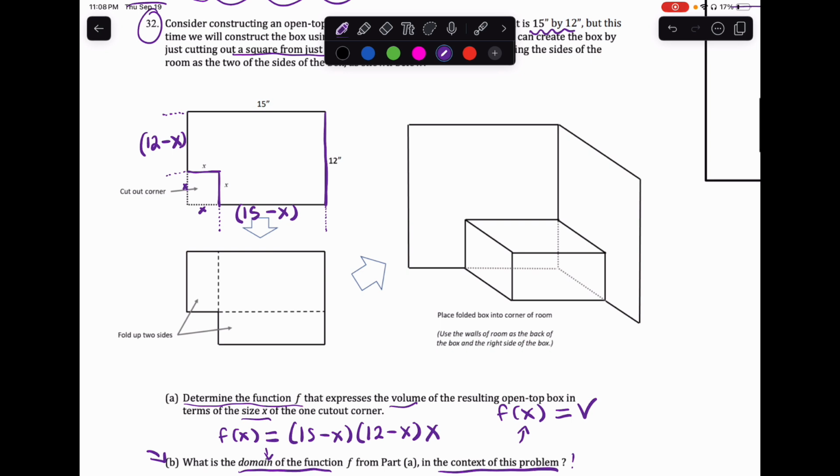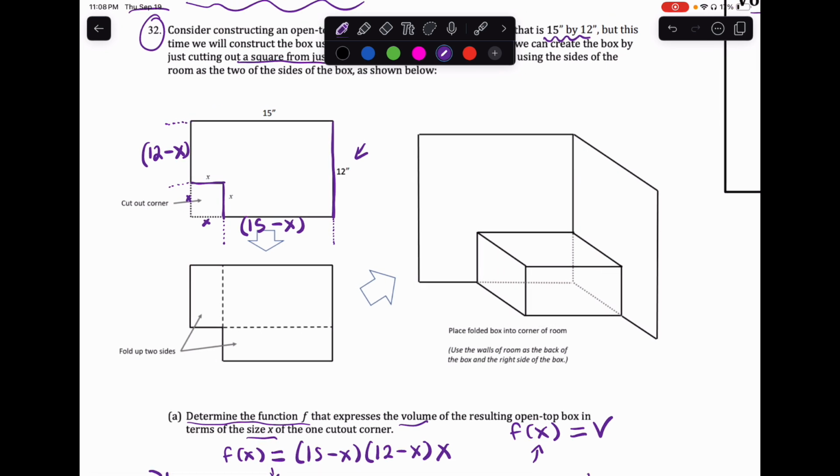If we have a piece of paper, we want to take a look at the shortest side, because when we're cutting, that's going to become part of our restriction. If I'm cutting out an x amount of length over here, this time I'm only cutting out one corner, so I do not have anything else happening on the other side. This remains the same. I'm only cutting from this side.